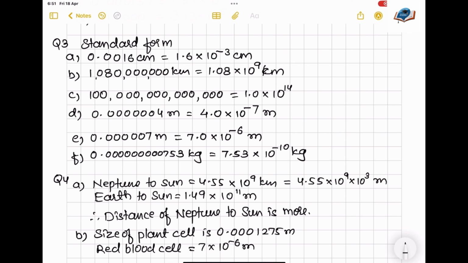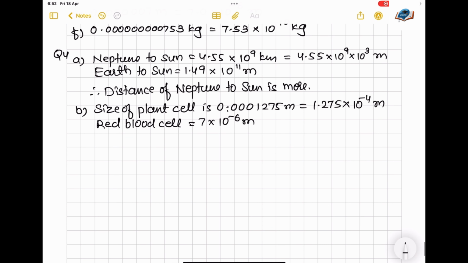So if I convert this into standard form, 1, 2, 3, 4, so 1.25 into 10 raised to minus 4 meter. So which one is bigger now? Obviously, after one digit point, 1.2, so 1.25 into 10 raised to minus 4 will be bigger than 7 into 10 raised to minus 6.